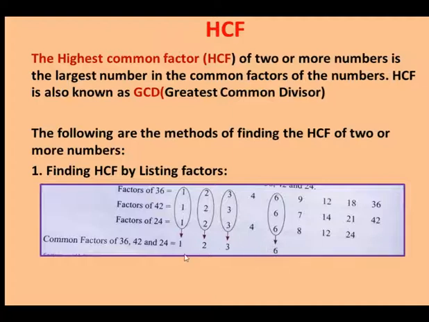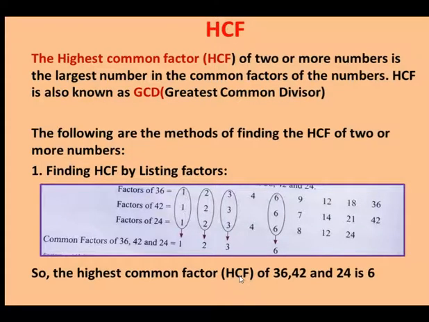So the HCF of 36, 42 and 24 is 6. After 6 there is no number which can divide the three of these numbers together. That is called HCF.